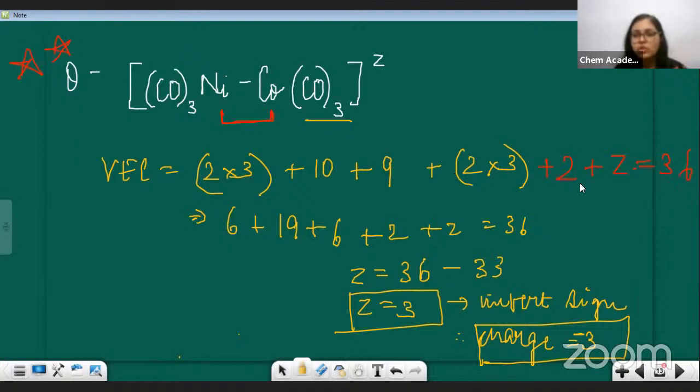And this 2 is for the metal bond plus Z equals 36. What is wrong here? 6 plus 19 plus 6 plus 2 plus Z equals 36. 36 minus 33. Absolutely correct, Monica. I don't think there is any problem here. You need to check your calculation again.